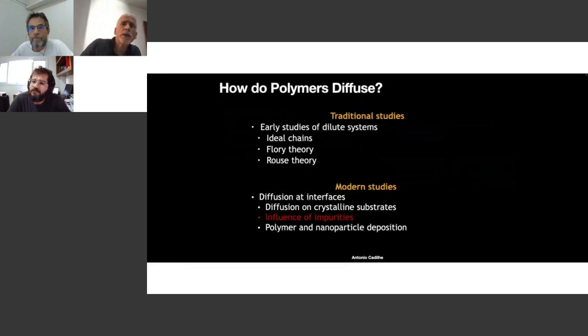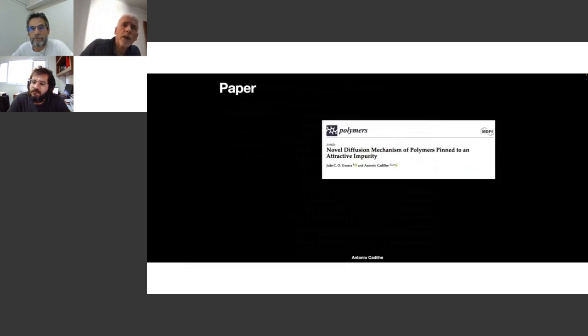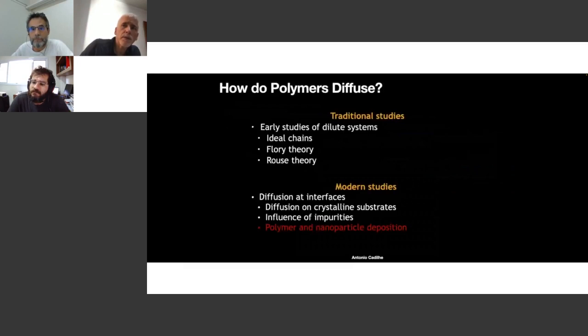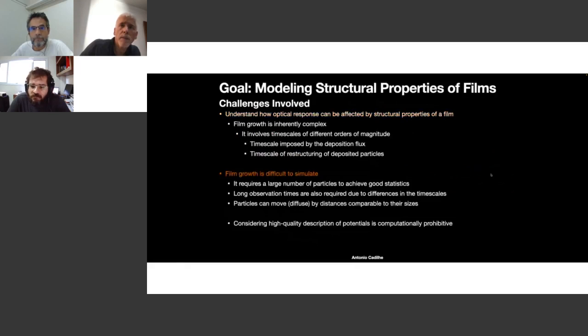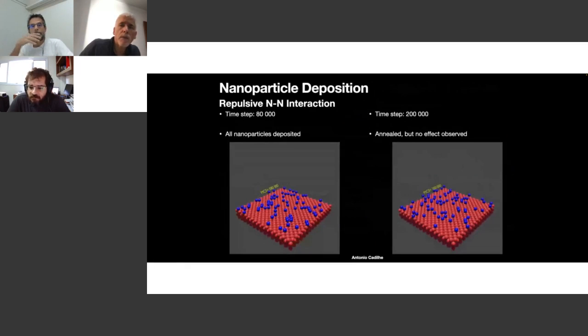No. The problem is the following. I'm just looking at the nanoparticle, but it could also be the polymer. I'm talking about very large times.